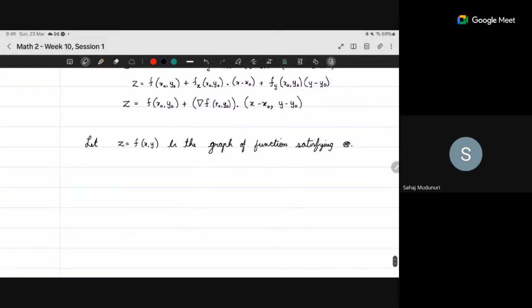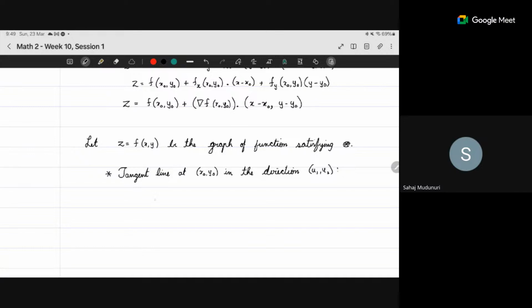So z is equal to f of x, y is the graph of a function. There are two things: the tangent line at x naught, y naught in the direction u1, u2.